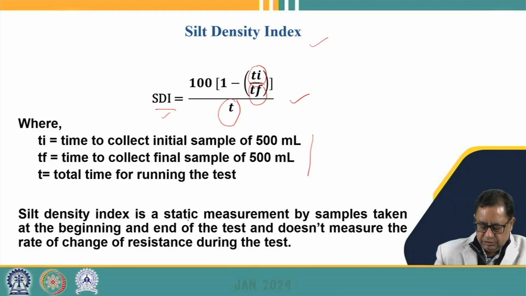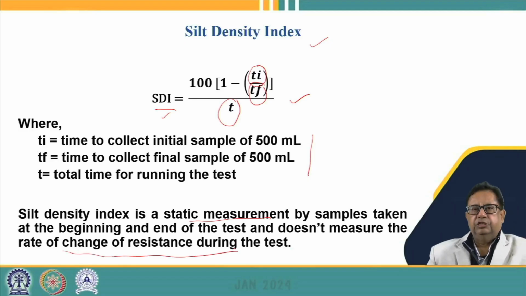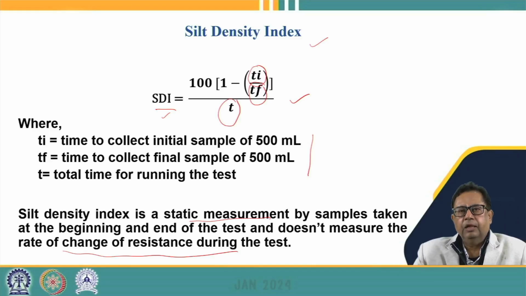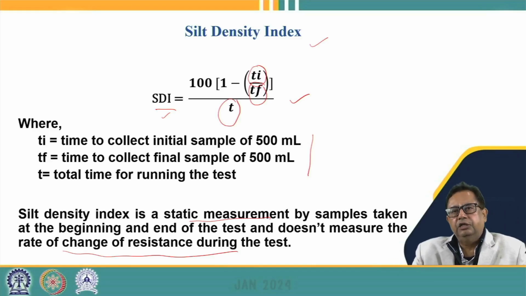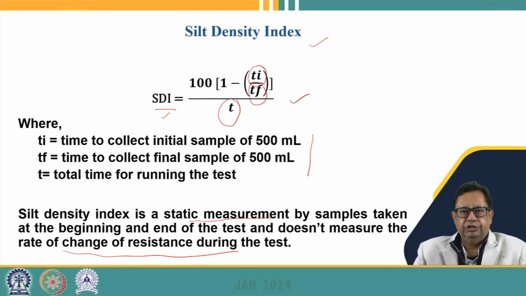This is a static measurement, and the samples are taken at the beginning and end so that we can see the rate of change of resistance that happened during the test. It is pertinent that the initial 500 ml will take much less time in comparison to the final 500 ml because of the fouling that may take place during the filtration test.